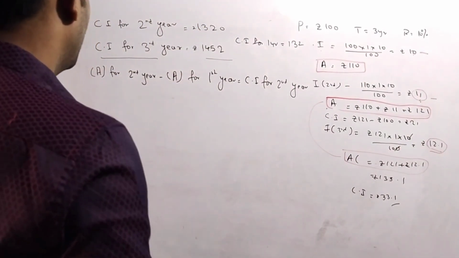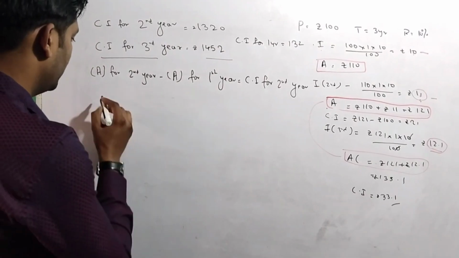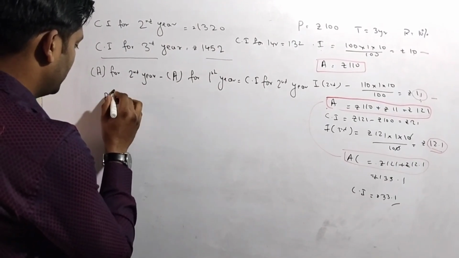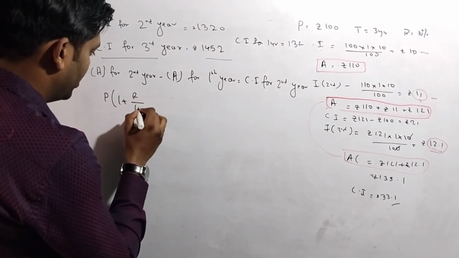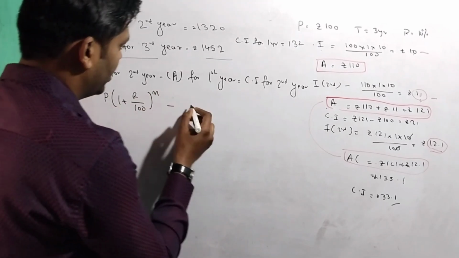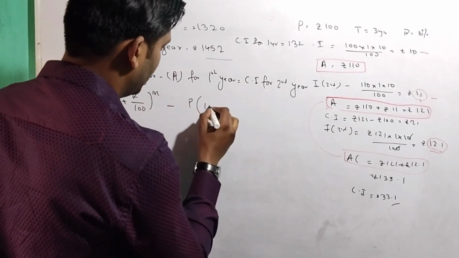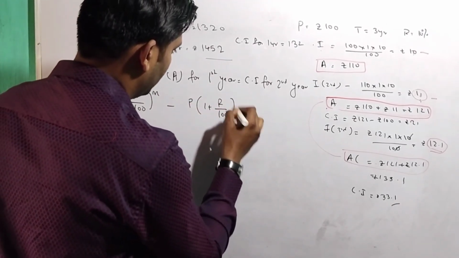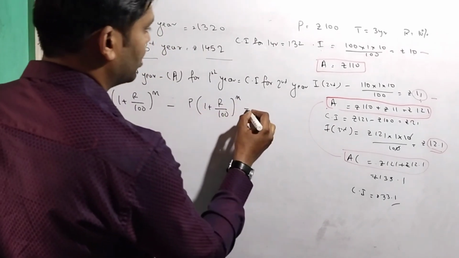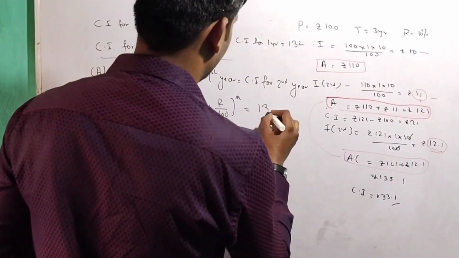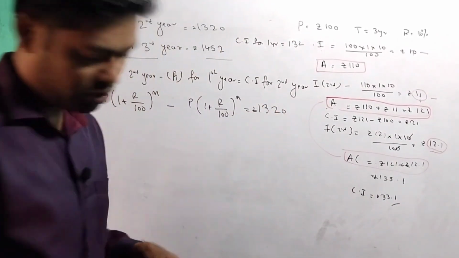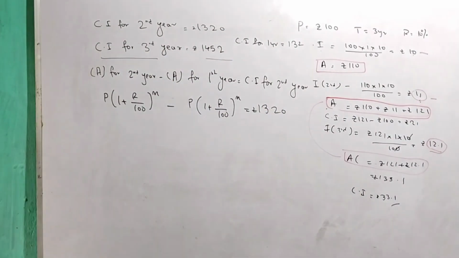So what is the formula for the amount for the second year? Principal into (1 plus R by 100) to the power N, minus principal into (1 plus R by 100) to the power N. The compound interest for the second year they gave me as 1320 rupees. Have you understood this one?